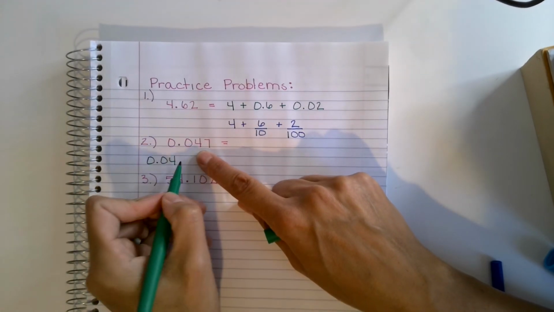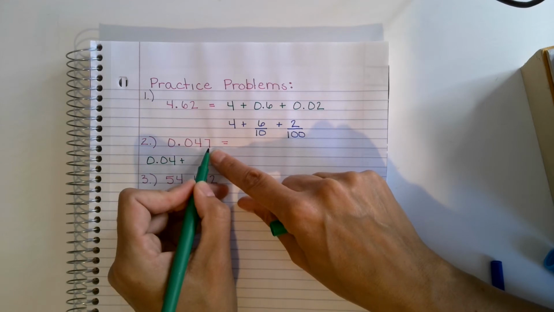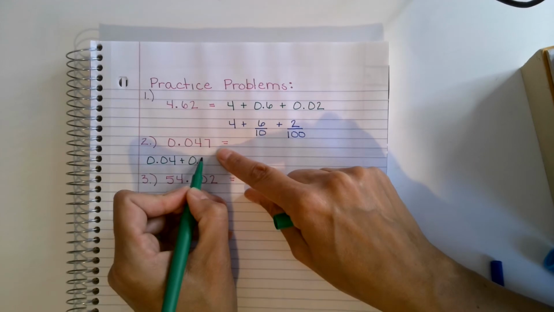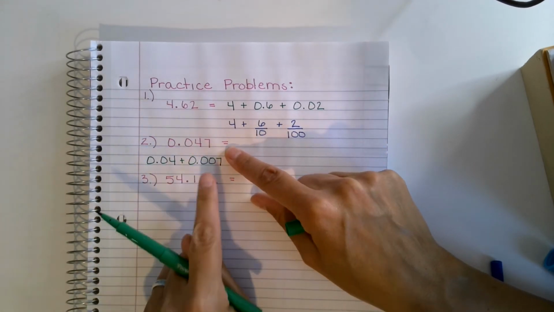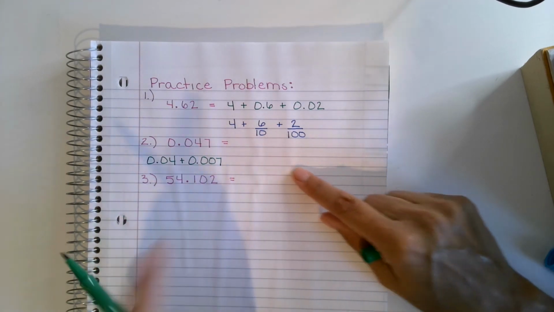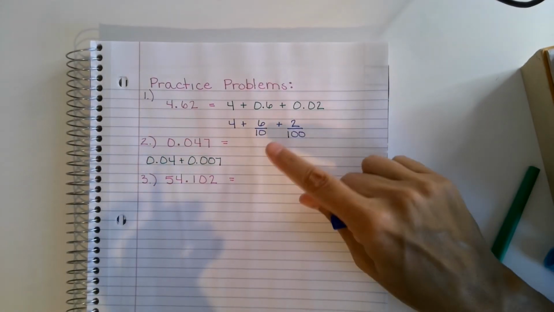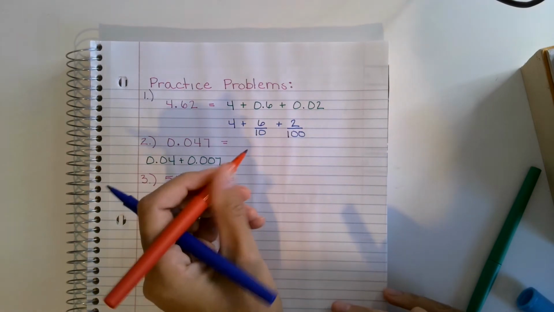So fix that. Okay, plus 7, what place is that in? Thousandths. So 7 thousandths. And you need 2 zeros as placeholders to push that 7 to the thousandths. All right. So the other way you could write it with the fractions, so I'm going to write or right here.